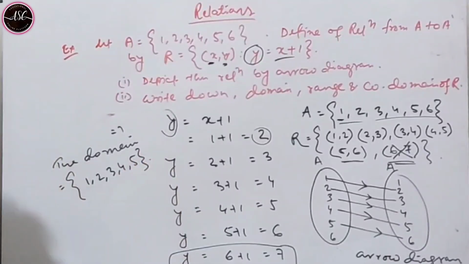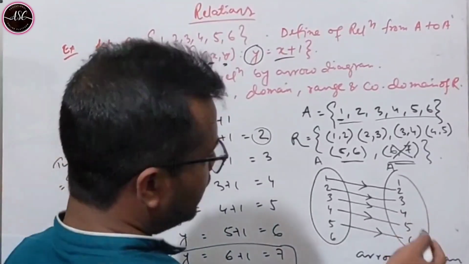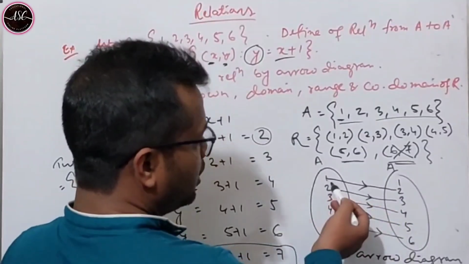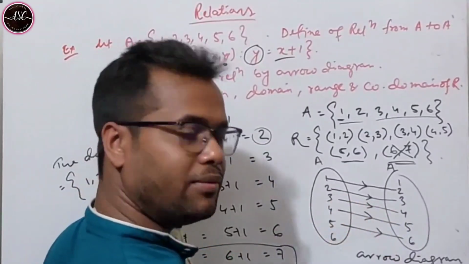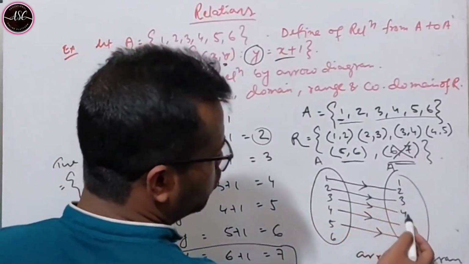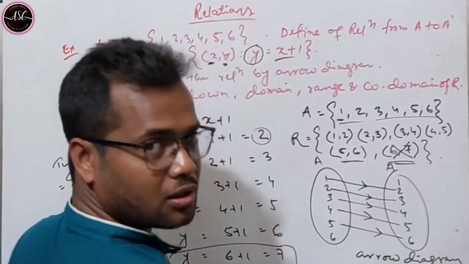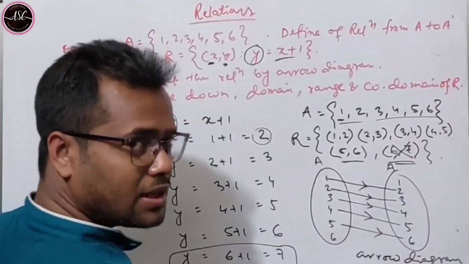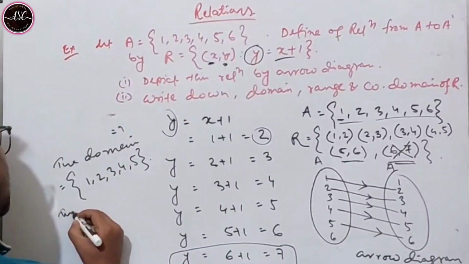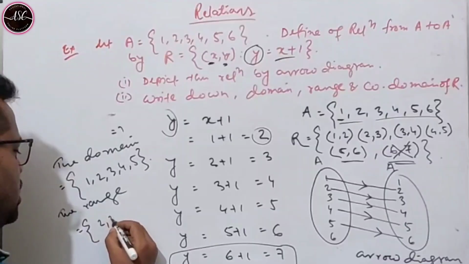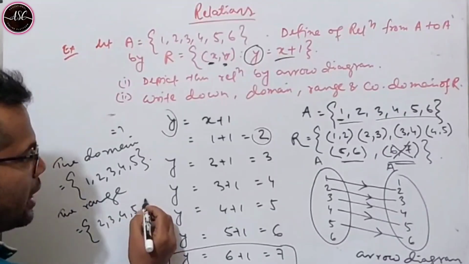So this is the domain. Then range means the set of all the second elements related to the first elements. So here from 2 up to 6 there is a relation. So the range is 2, 3, 4, 5 and 6.